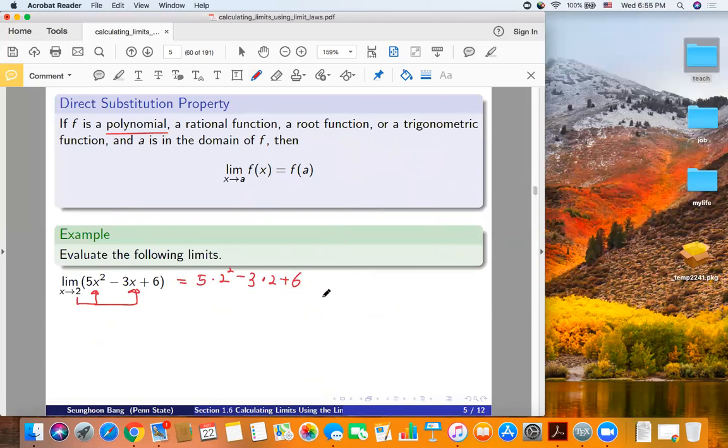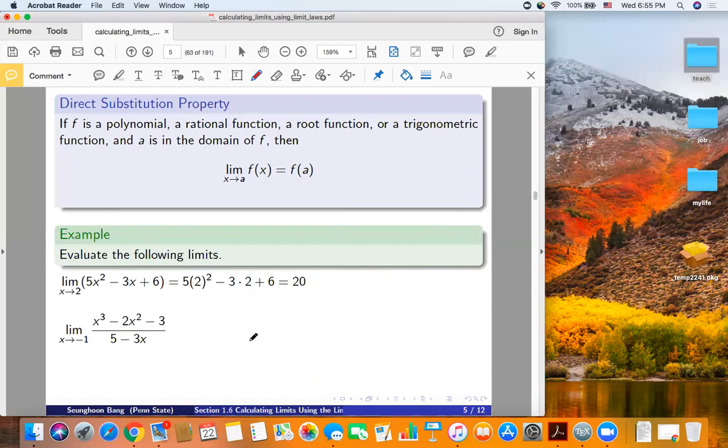That's it. You don't need to distribute or anything like that. The direct substitution property, very easy. So this is 5 times 4 minus 3 times 2 plus 6. The 6 is cancelled. The answer is 20. This is the whole idea.